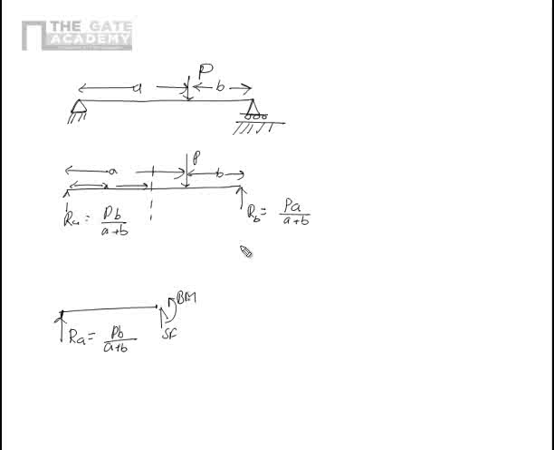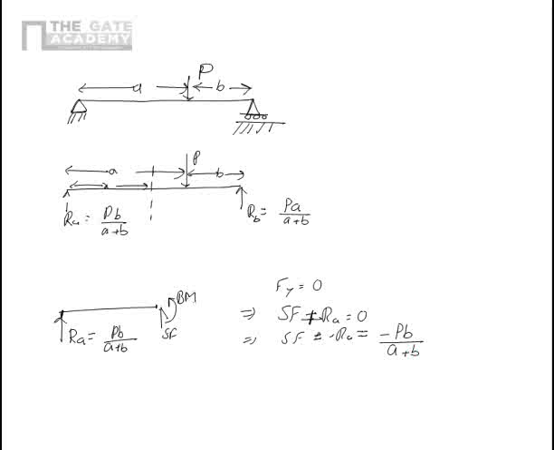Now you see, I am assuming them to be acting in positive directions. So I write the equation of equilibrium, sigma Fy is equal to 0. That makes SF plus RA equal to 0. So that means SF equal to minus RA, which is nothing but minus PB upon A plus B.